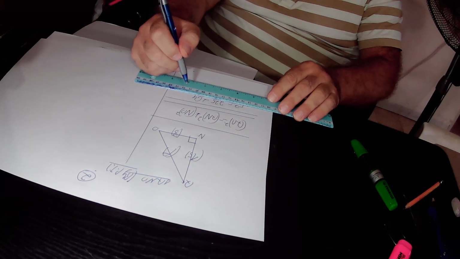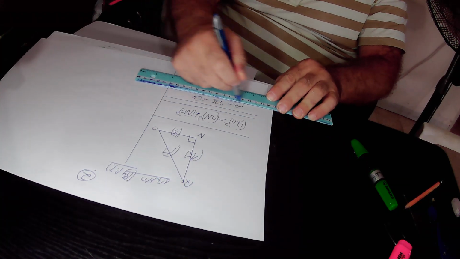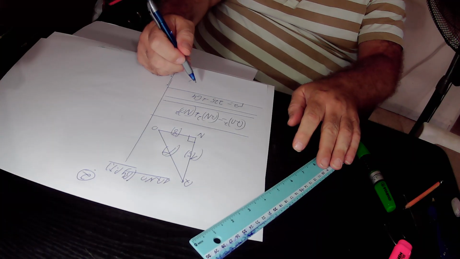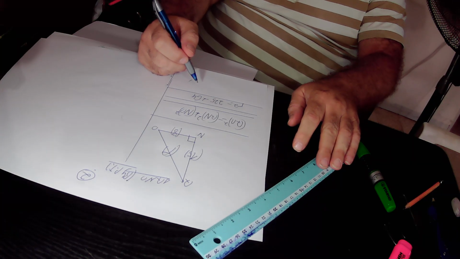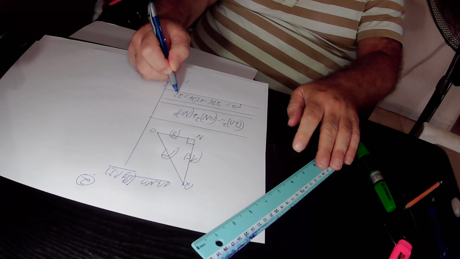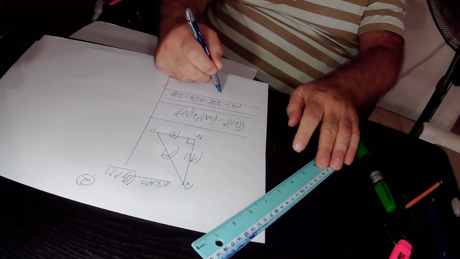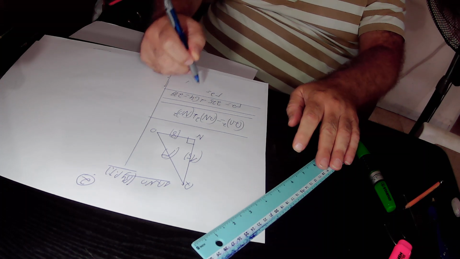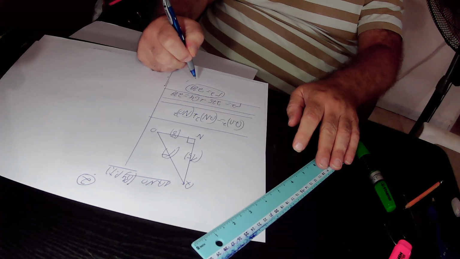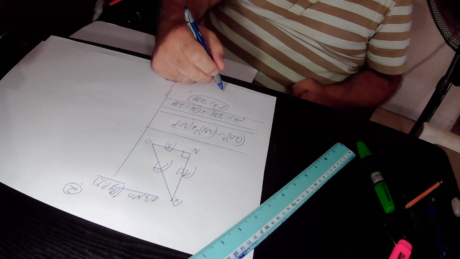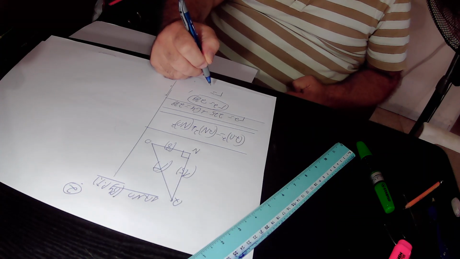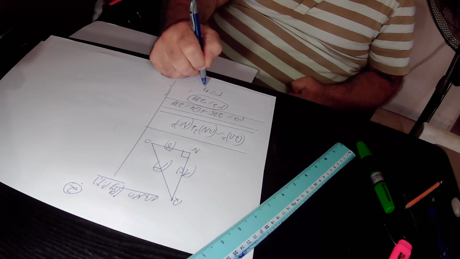So in total, R squared equals 225 plus 64. 225 plus 64 equals 289, so R squared equals 289. Taking the square root of this equation, we finally get that R equals the square root of 289, that is 17.